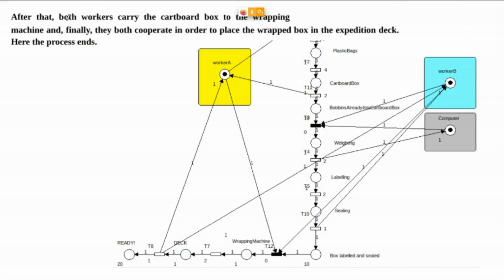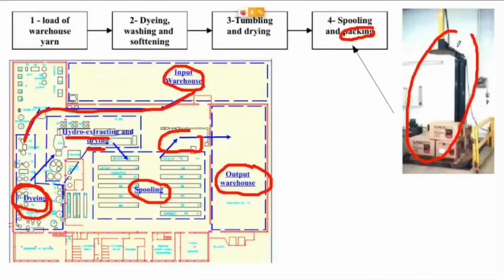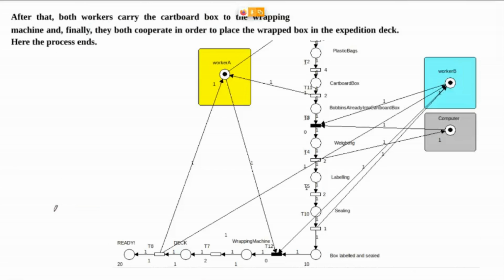After that, both workers carry the cardboard box to the wrapping machine. The wrapping machine is this machine in here. That's the final stage of the process. And finally, they both cooperate in order to place the wrapped box in the expedition deck. After the sealing of the box, we have the box leveled and sealed.